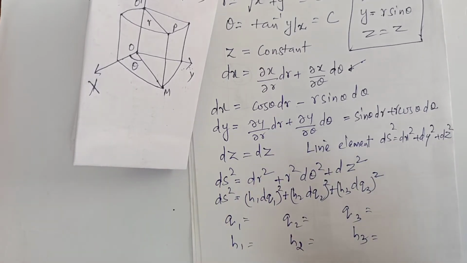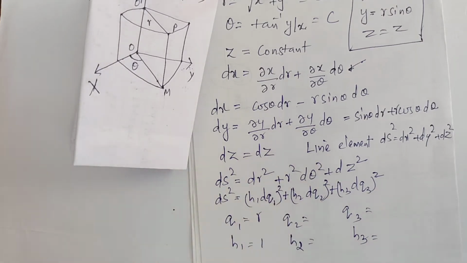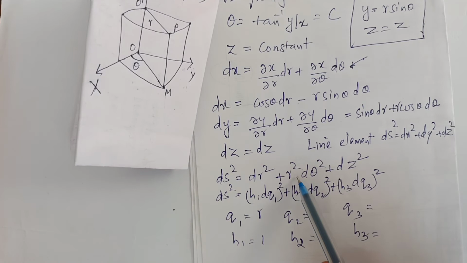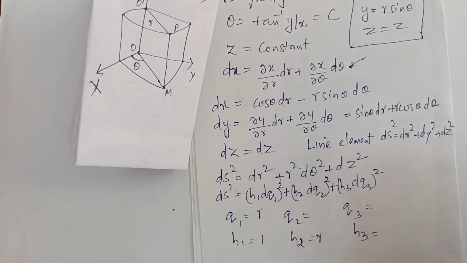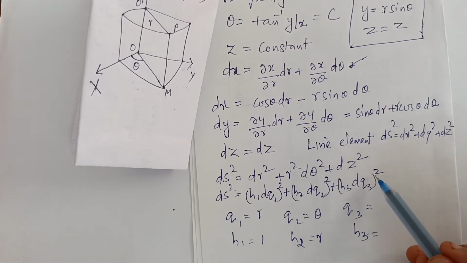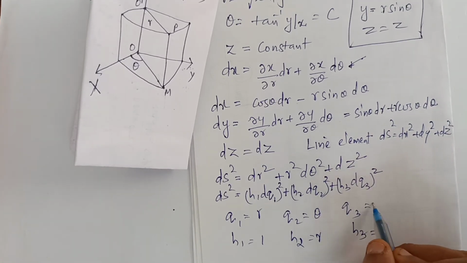What is q1 here? dq1 the whole square is dr square, and h1 is 1. So q1 is r and h1 is equal to 1. Again, r square d theta square is h2 square dq2 square, so h2 square is equal to r square and dq2 is d theta. Again, h3 is 1 and q3 is actually z.